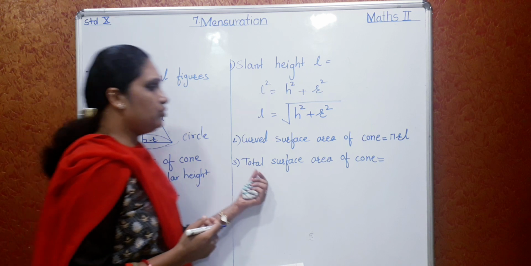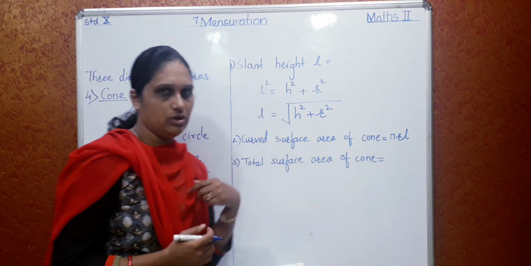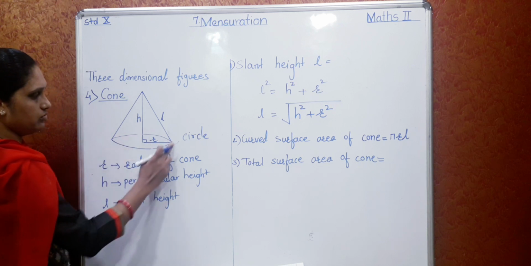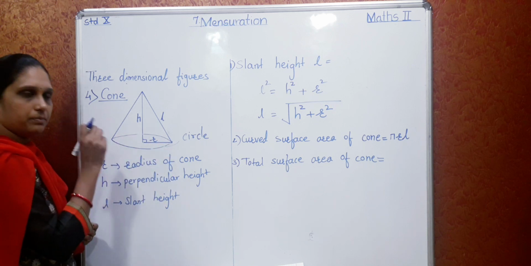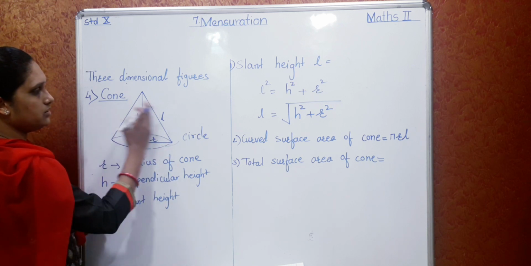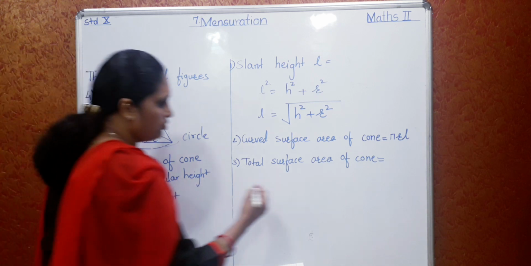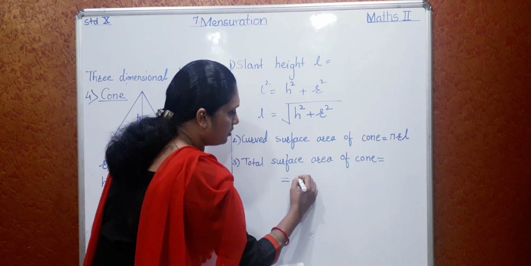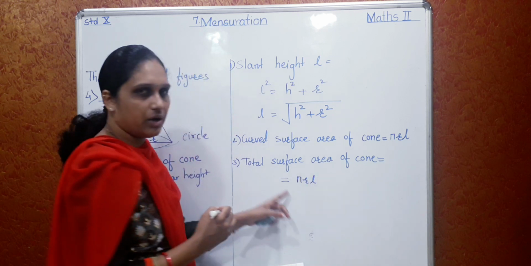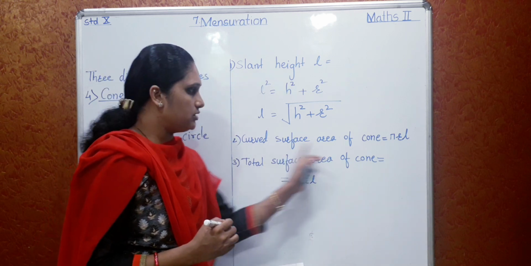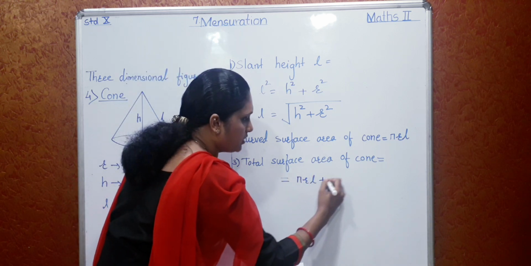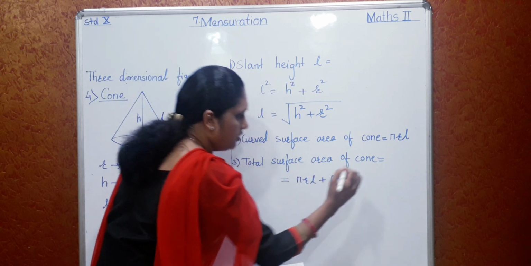Now we'll find the total surface area of cone. If you observe the cone here, we have to take this circular base also, which is pi r square, and we have to take this curved surface area also. So the total surface area will be curved surface area, which is pi r L, plus one area of a circle which is pi r square.